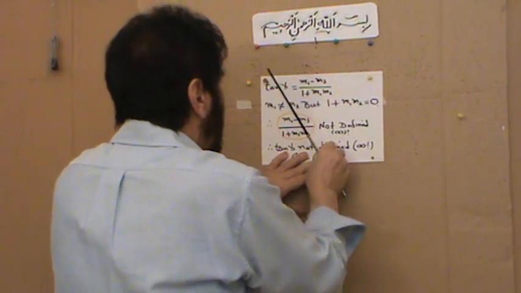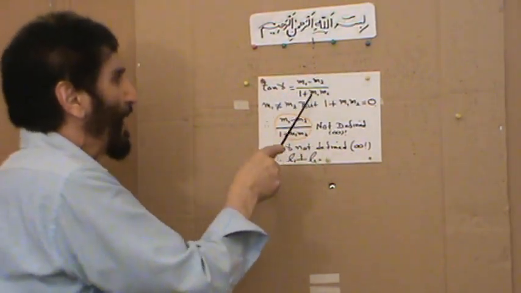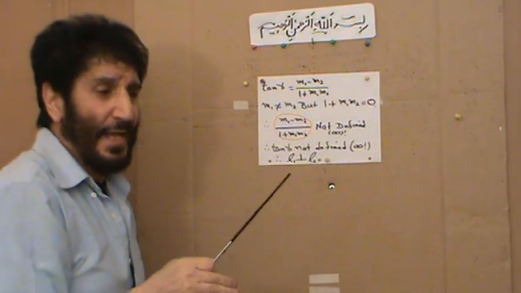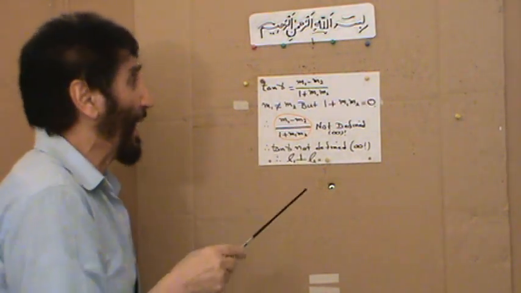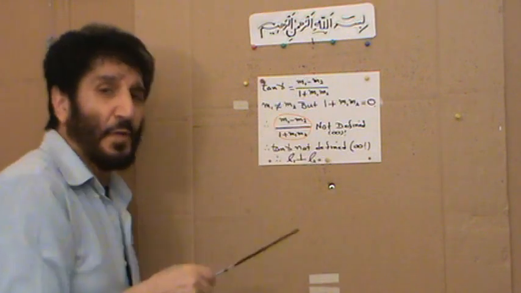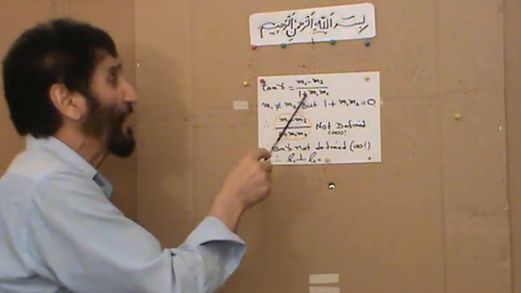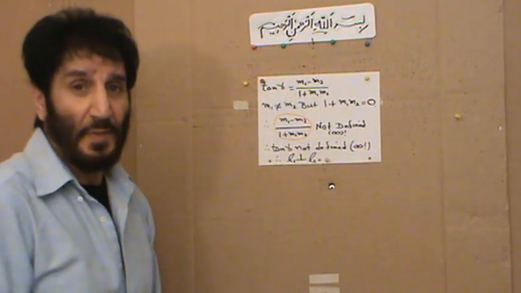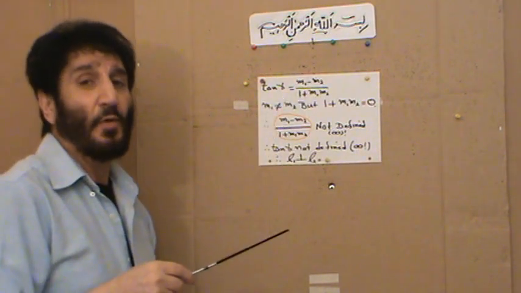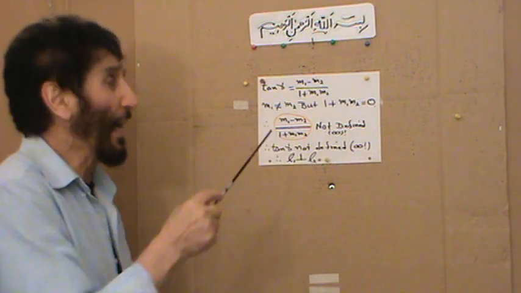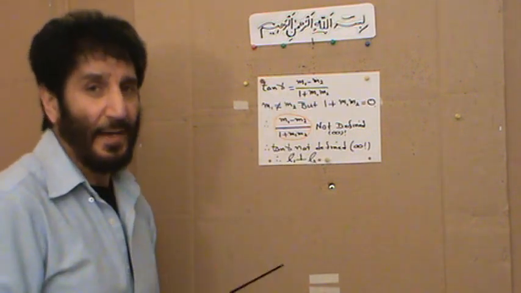We are looking at this fraction, m1 minus m2 over 1 plus m1 m2, and see what kind of information we can get out of it. We notice that we have no fear of 0 over 0. And we notice that if this is equal to 0, then the numerator will be 0. And if the numerator equals 0, it means that the two lines with slopes m1 and m2 are parallel.